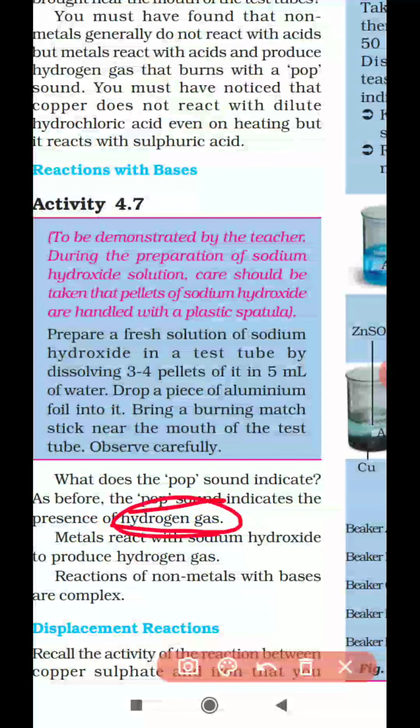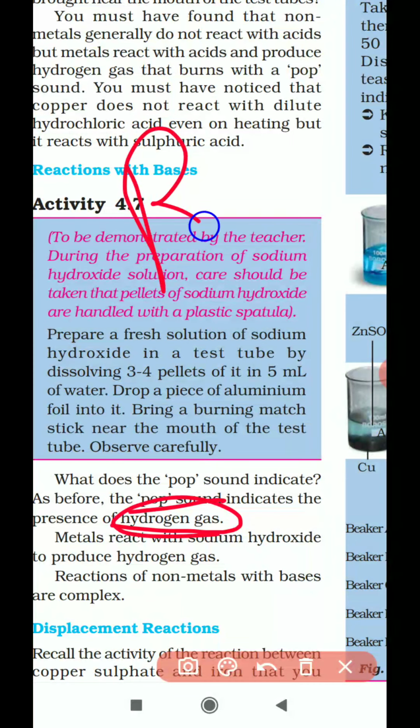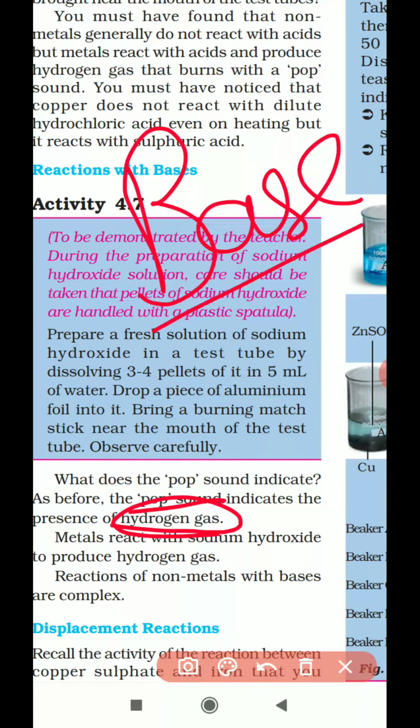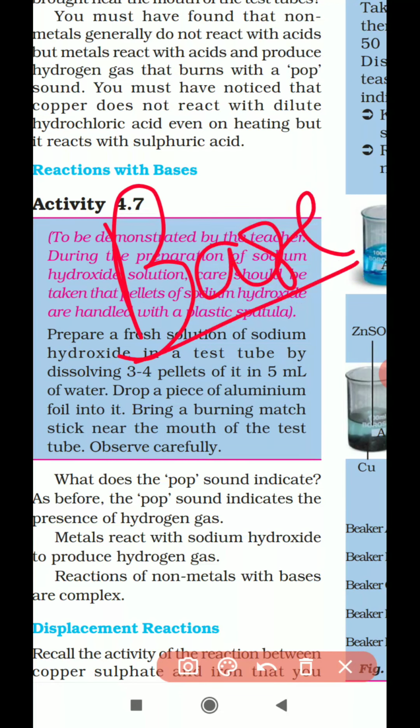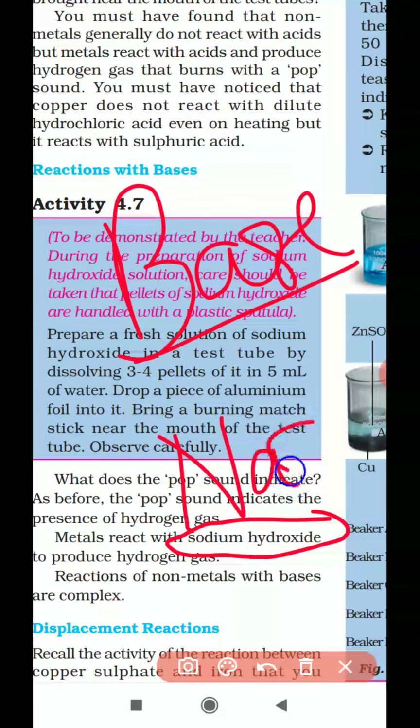Similarly, what happens when a metal reacts with a base? As I said earlier, hydrochloric acid is an example of an acid. Can you give any example of a base? Yes. Sodium hydroxide. The short form for sodium hydroxide is NaOH. So sodium hydroxide is a very good example of a base. Now what happens when a metal reacts with a base?